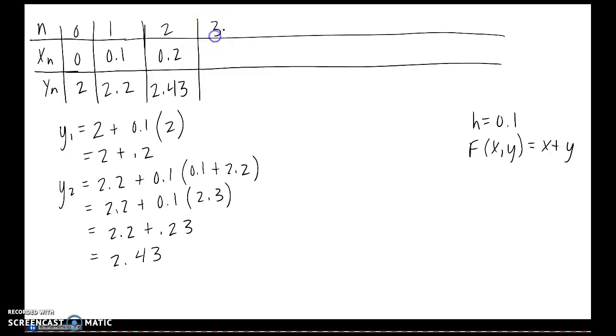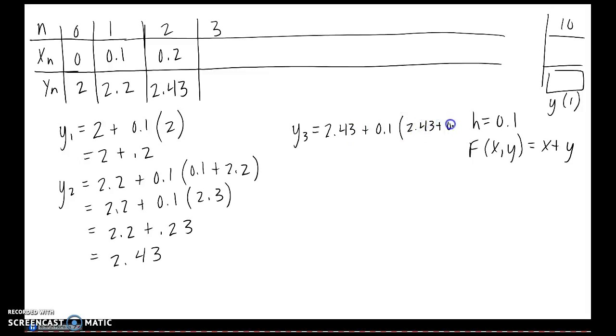Okay. Now remember, we got to get all the way up to 10. And this answer here will be your approximation of y sub 1. So, like I said, pretty tedious. Y sub 3, I take my previous y coordinate, the value of my step, and then I add my x and my y coordinate together.